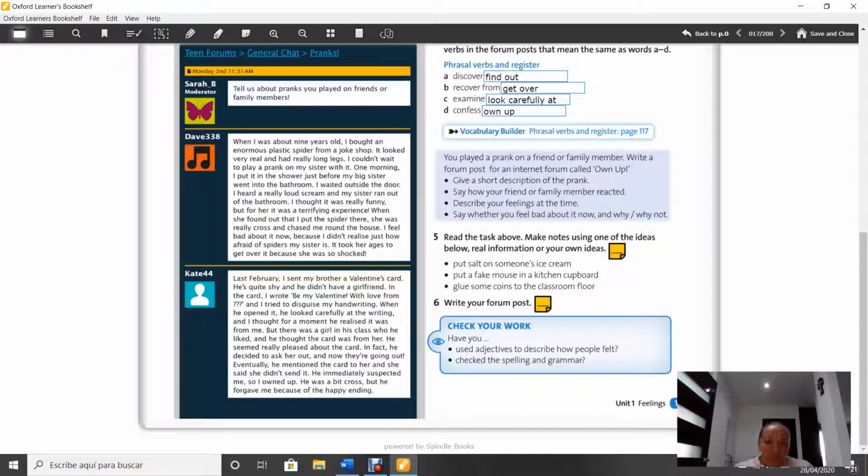Let me tell you something. I have two children, and both used to put a fake spider almost every day in different places here at home. Sometimes they put the spider under my pillow, and when I go to sleep, I found the spider and I feel scared, really.